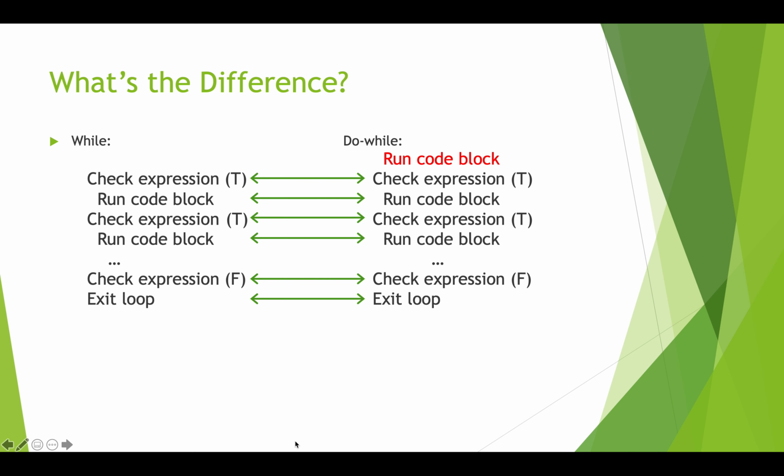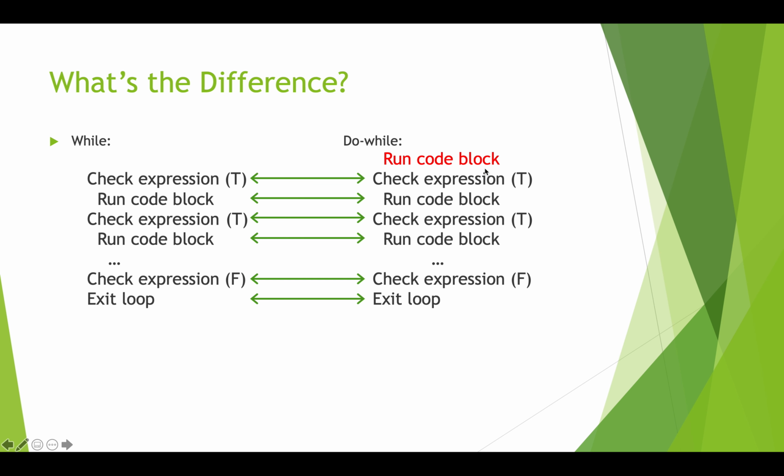So they're really similar, but there is one important difference. In a while loop, we check the condition or the expression. If it's true, we run the code block, and then we do this again. And we can keep on doing that many times until we check that expression, and when the expression evaluates to false, we exit the loop. The DoWhile loop looks pretty much identical.